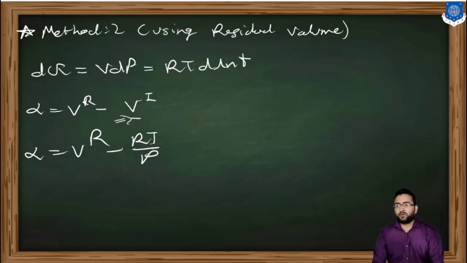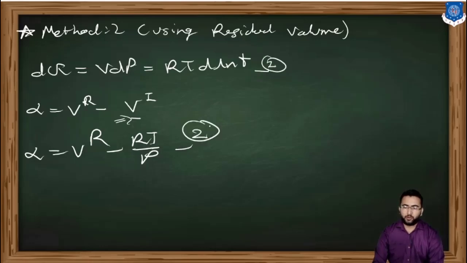But there is no need to replace the real volume. We are just going to replace the ideal volume by RT upon P using the ideal gas equation of state. Now let's take this as equation number 1 and this as equation number 2.